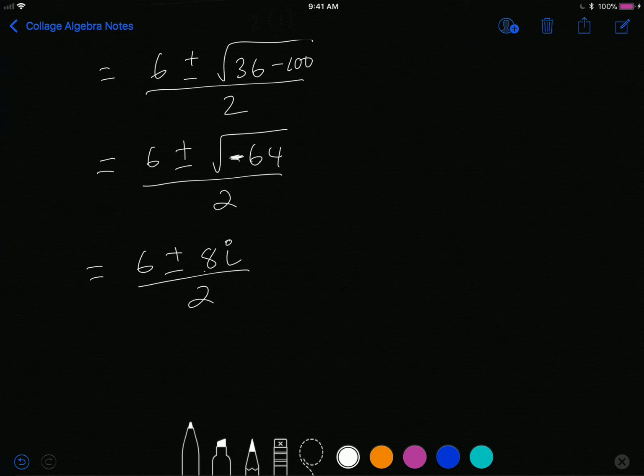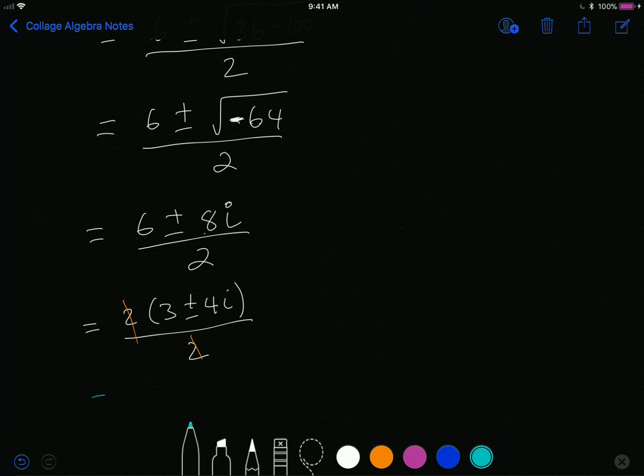I can factor out a 2 from the top, so that's 2 times 3 plus or minus 4i over 2, and then the 2's cancel, and lo and behold, I get the same answer. 3 plus or minus 4i.